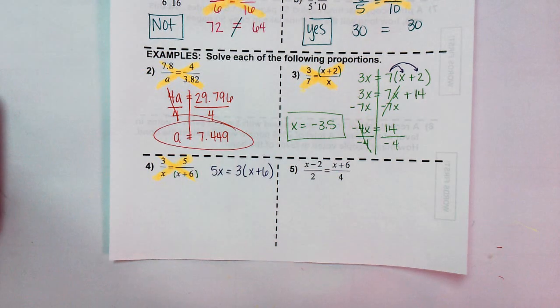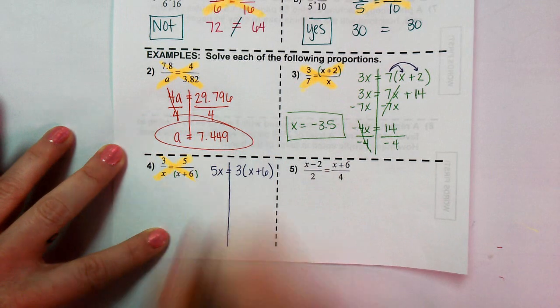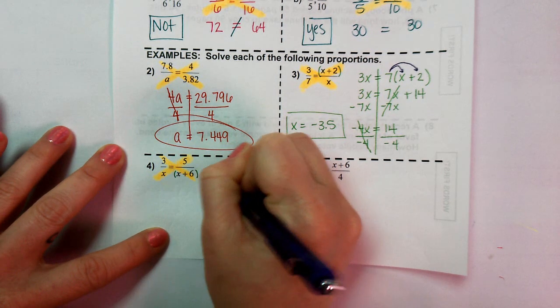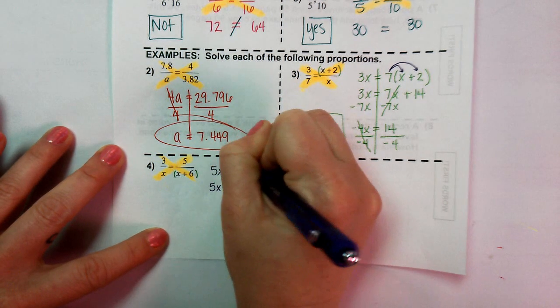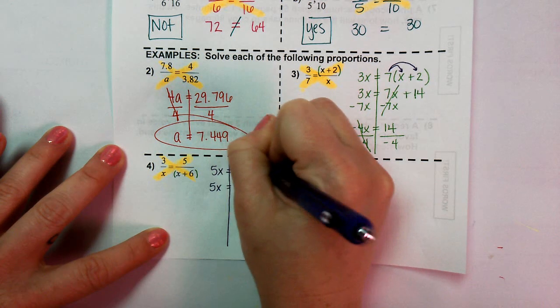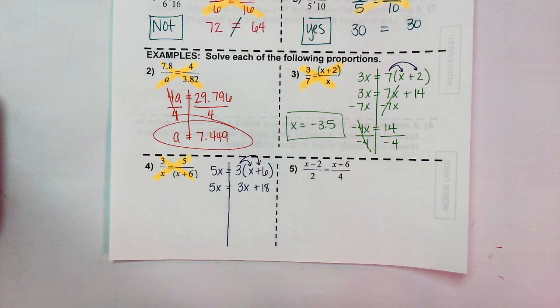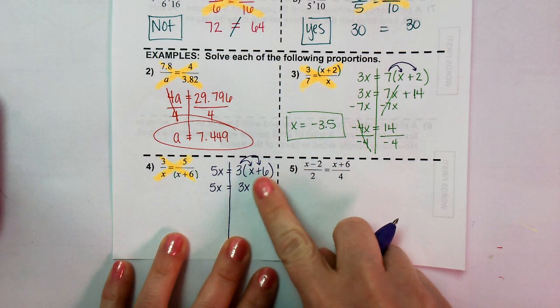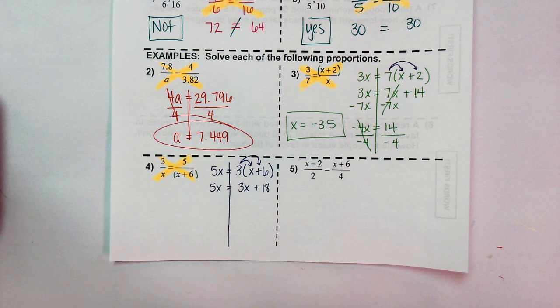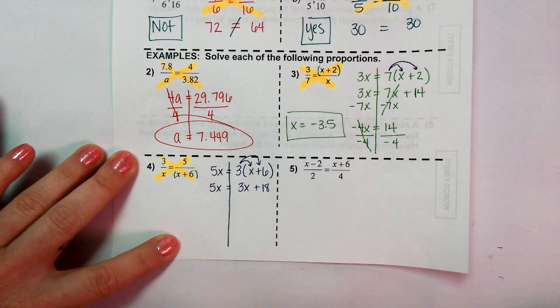All right, distribute that whole thing, don't forget. So 5x stays on the left, and then I get 3 times x, which is 3x, and then 3 times 6 is 18. I promise you, if you're going to make a mistake, it's going to be because you forget to distribute to that second term. It's usually what happens.